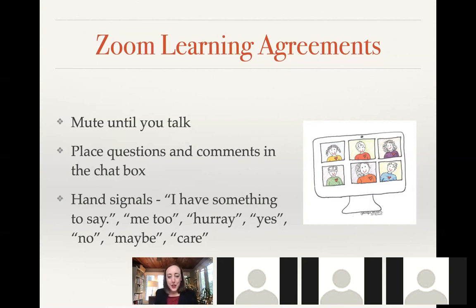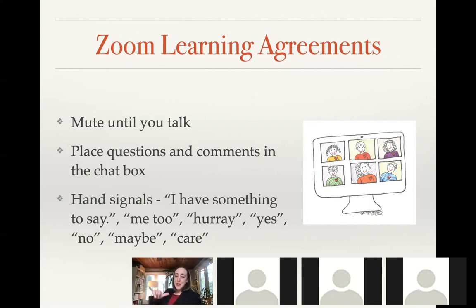But I also encourage you to show parents these functions if you're working with parents, and to go over them with your children, because they don't automatically know how to use Zoom. And I think hand signals can be really helpful. Raising hand if you have something to say.